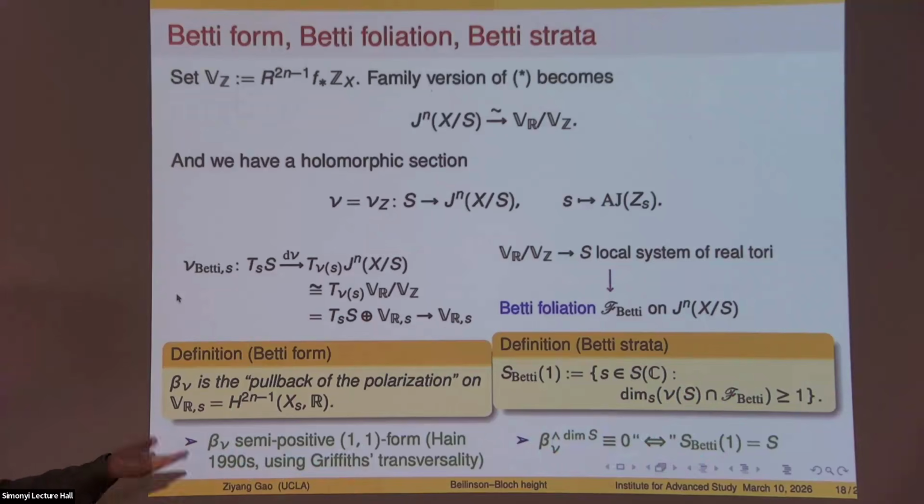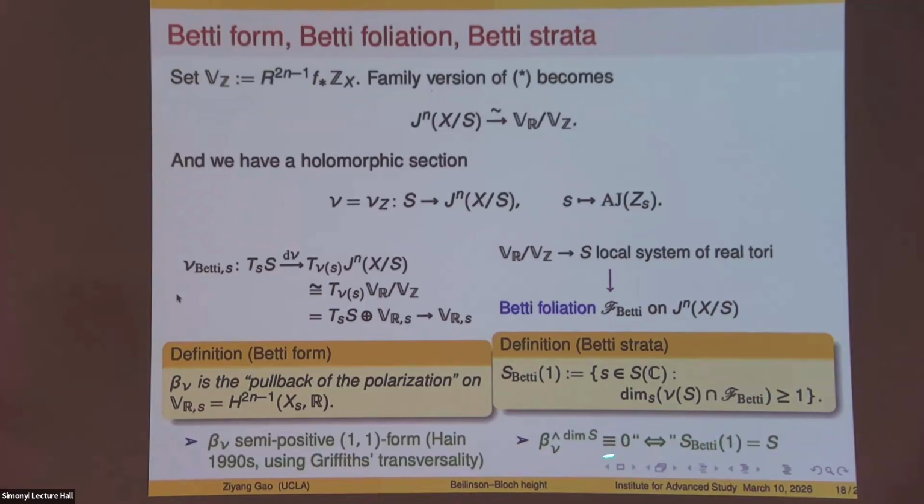If it's everywhere discrete, then it will not be identically zero. So somehow this is identically zero if and only if this is the whole thing. Well, this is not really very precise because sometimes you may have some points where it is tangent, but it doesn't contain any positive part of the leaf. But it cannot happen globally.